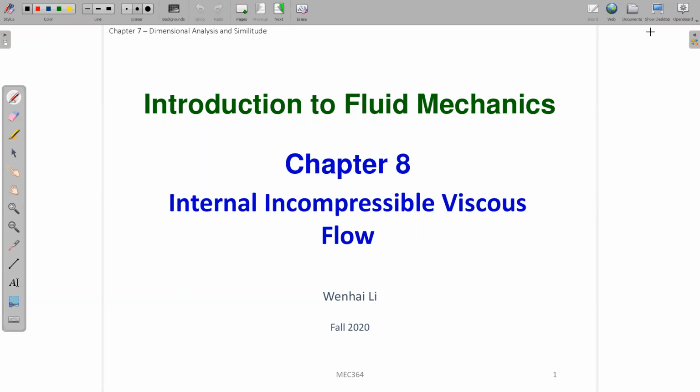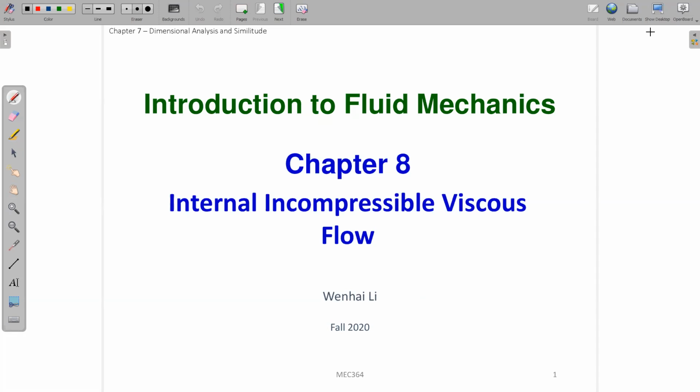The only difference is that we double the time, and the final exam will be cumulative, but we're focusing more on the contents after the second midterm, which is chapters 6, 7, 8, and 9. So basically 50% of the problems in the final exam will be on these 4 chapters.